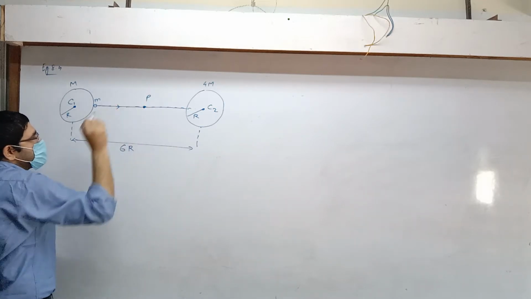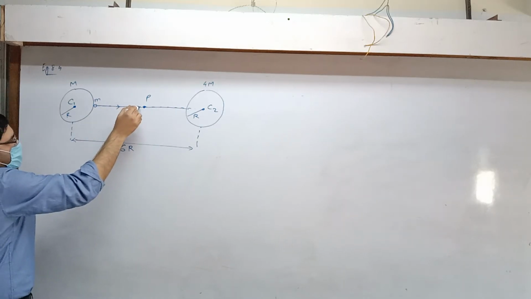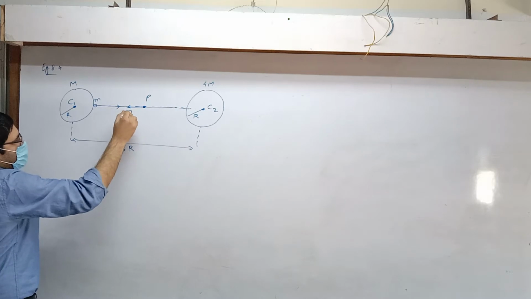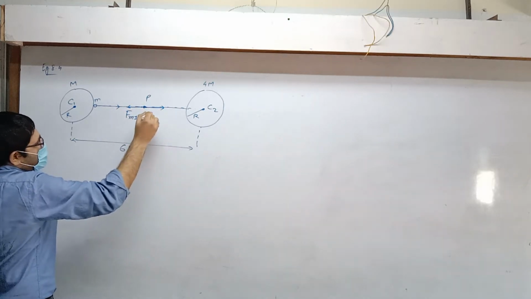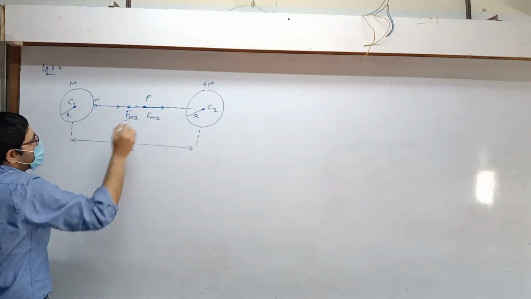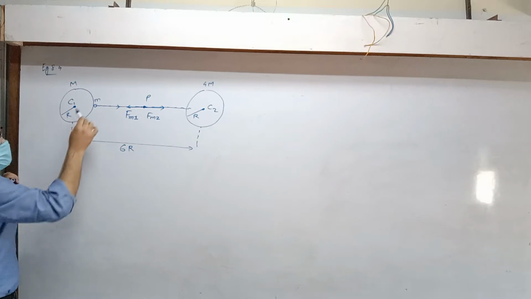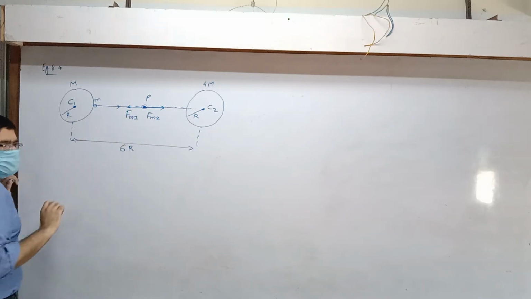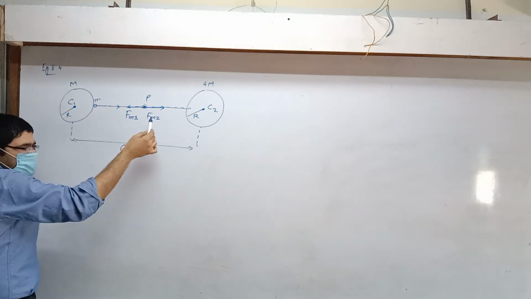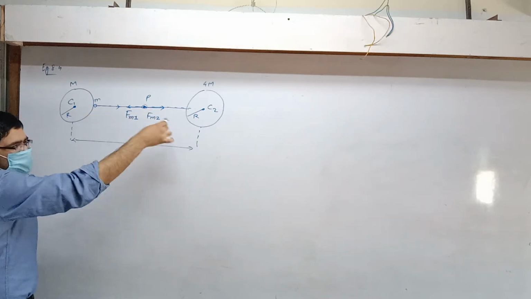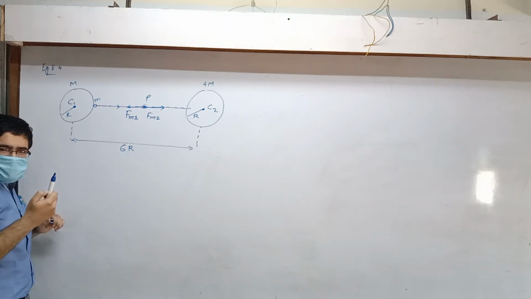Let's call it P. And if at that point the force on the mass m due to sphere 1 and the force on the mass m due to sphere 2 are equal to each other, then you only need to send it to P. Yes, because beyond P, the mass 4m will attract it and bring it to the surface.